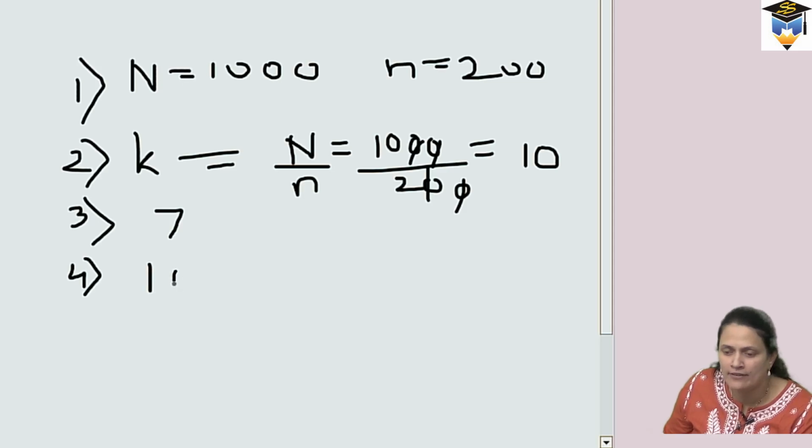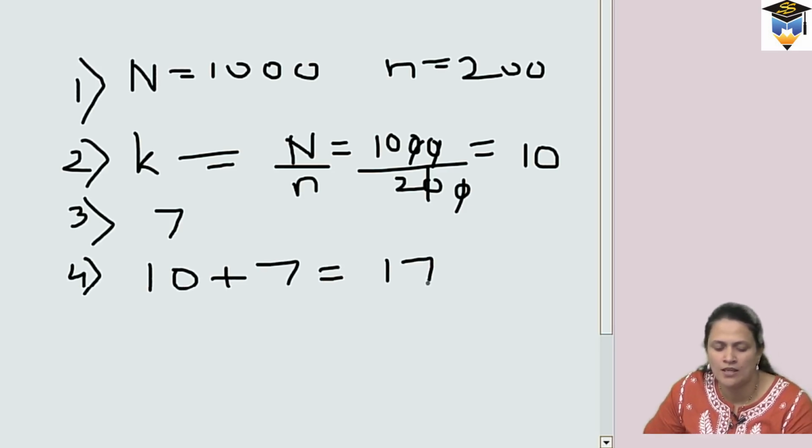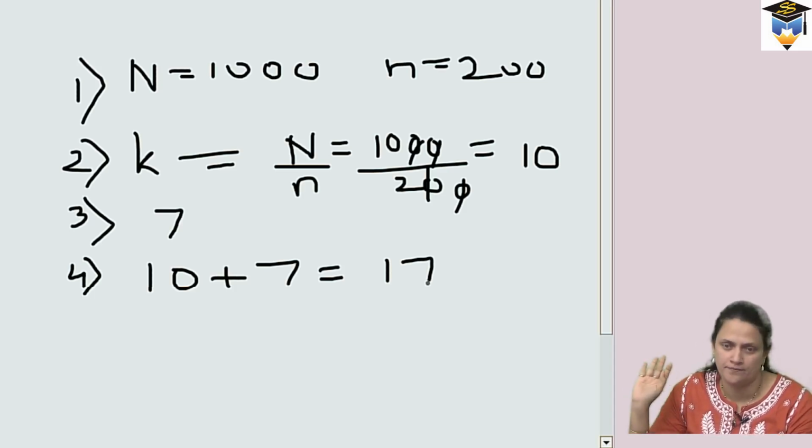So 10 plus 7 is how much? Basically I will first select the 7th one, then the 17th one, then the 27th one, then the 37th one, and so on. Understood?